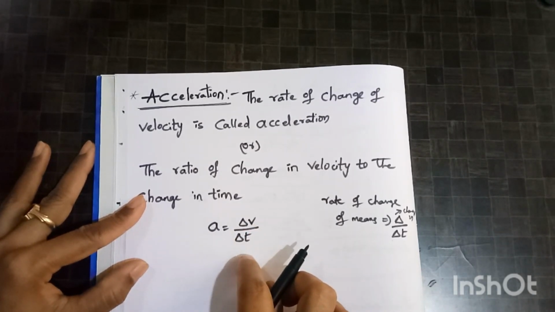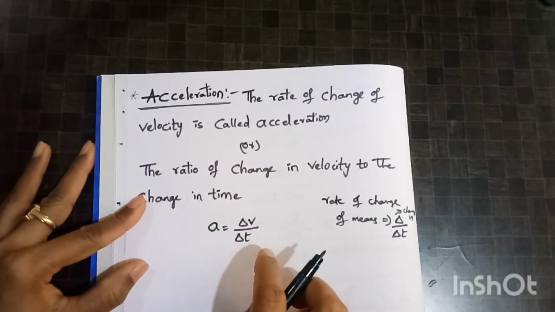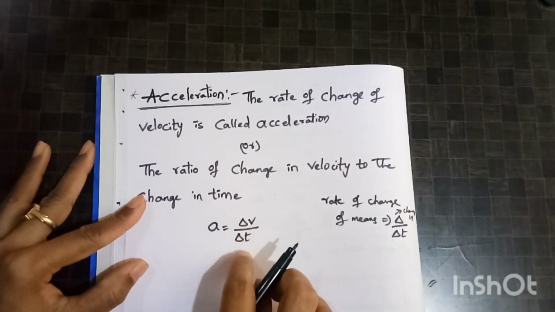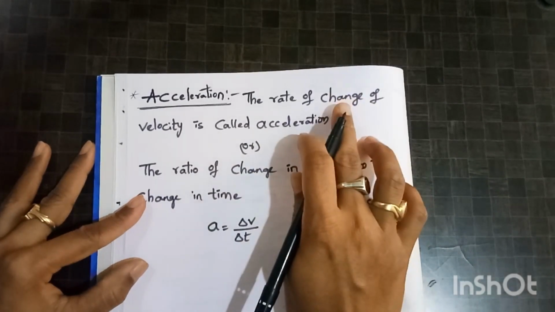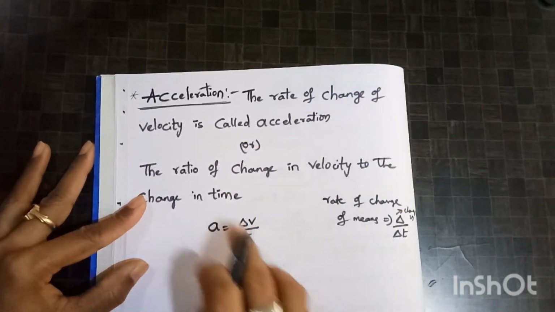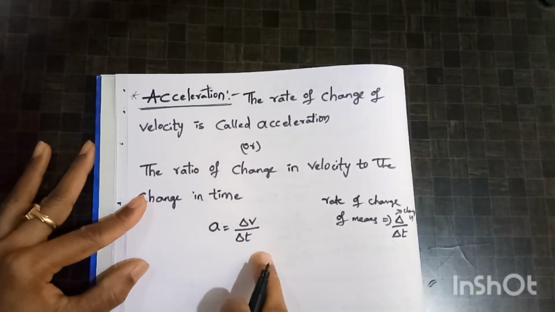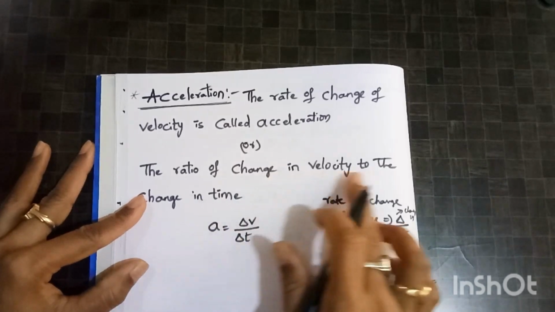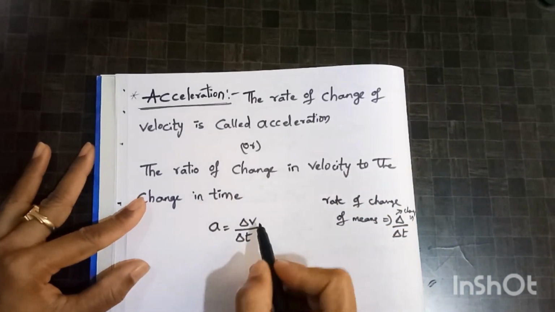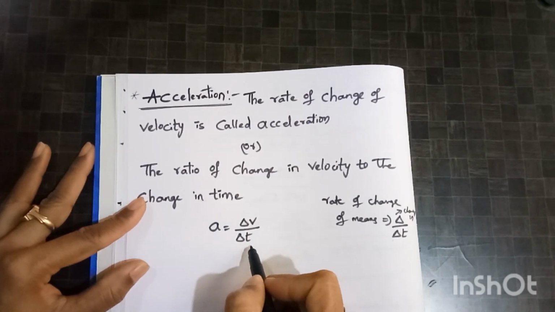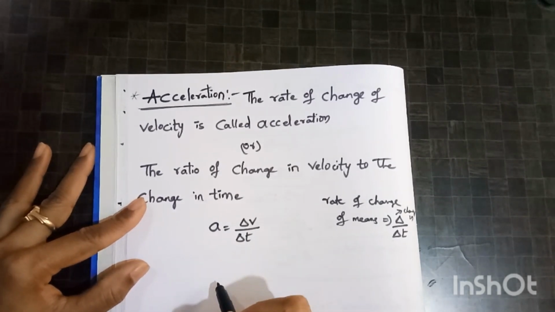Delta by delta t means rate of change of. The rate of change of velocity means delta v by delta t. Or, in another definition, the ratio of change in velocity to the change in time. Change in velocity means delta v and delta t is the change in time. This is called acceleration.